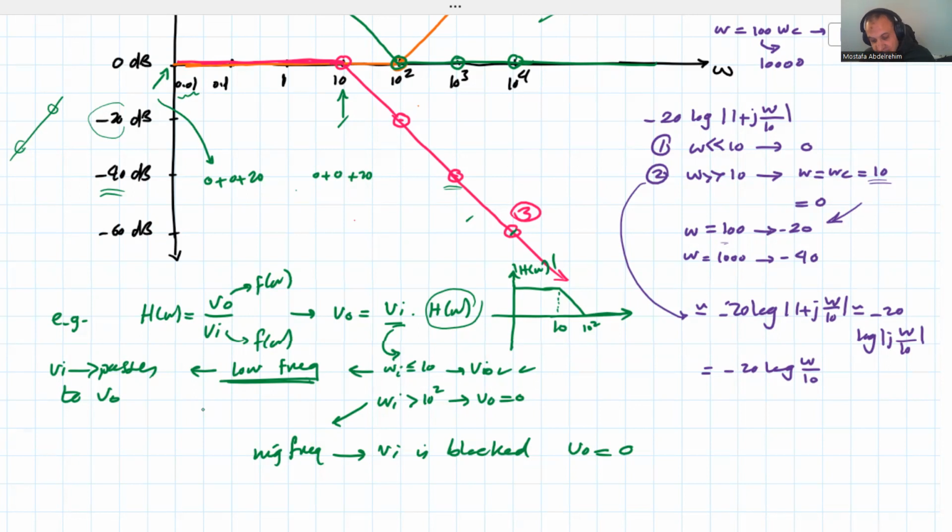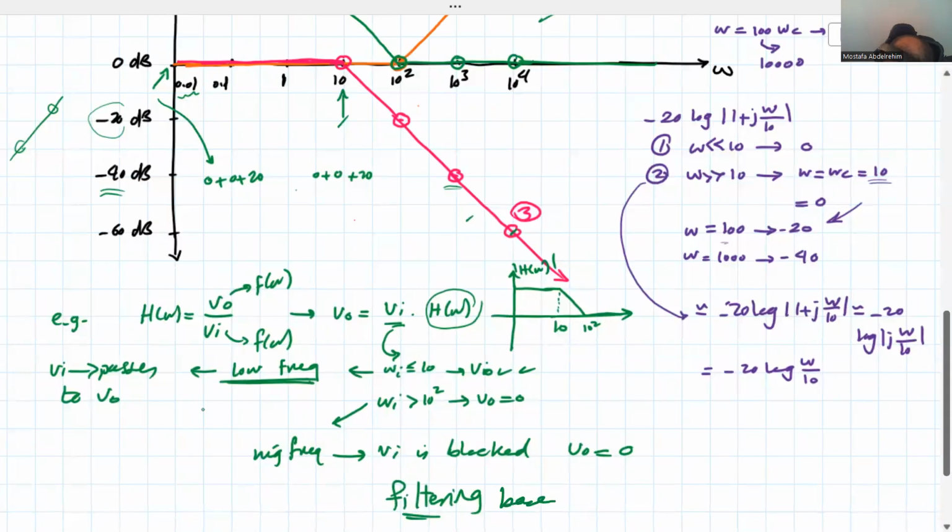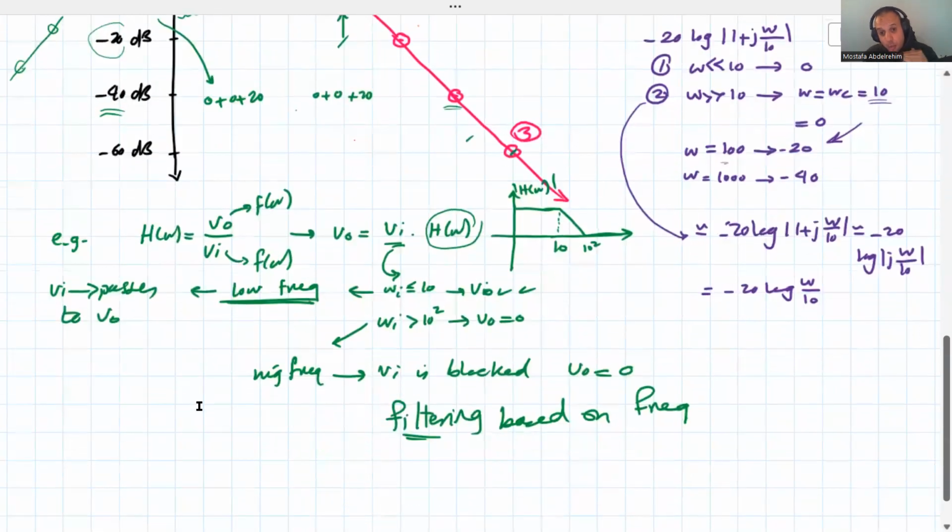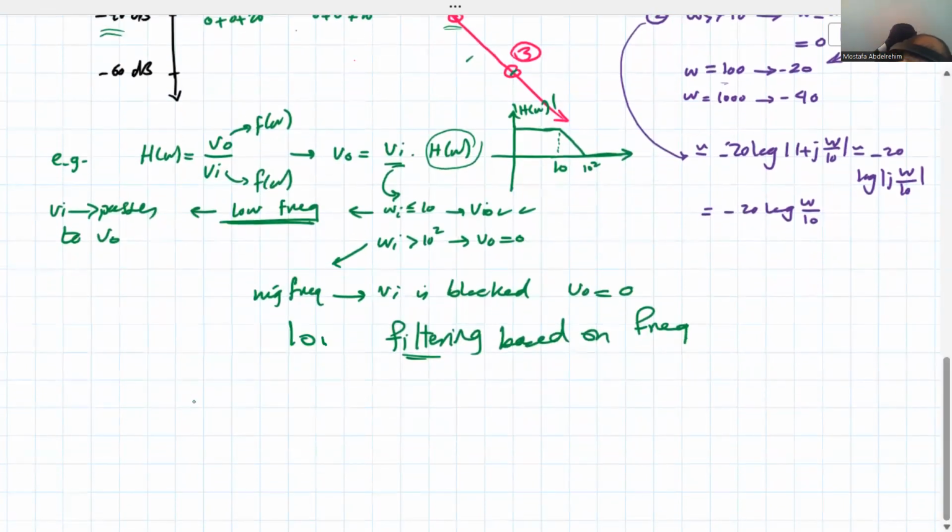So basically, that's a filter. That's filtering based on the frequency. And when you pass low frequencies and reject high frequencies, that's called a low pass filter, or low pass filtering.